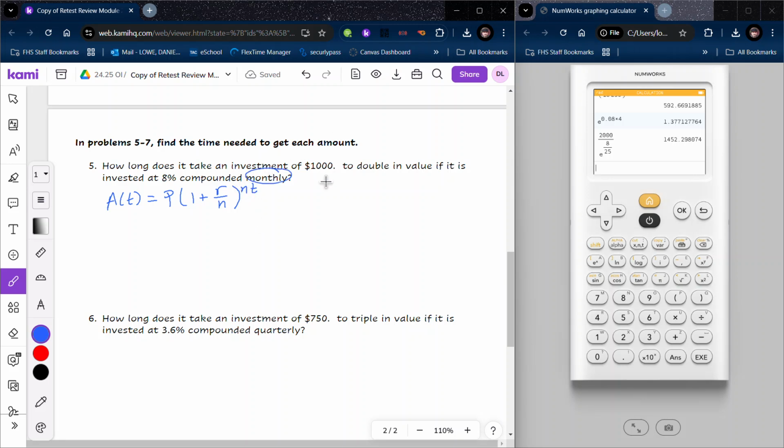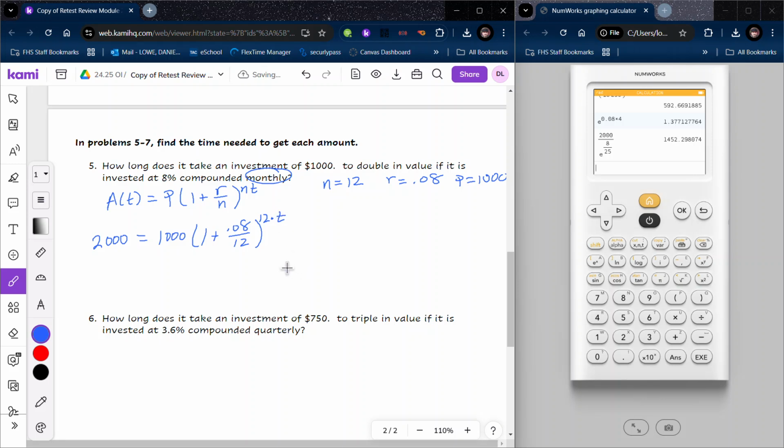If I'm monthly compounding, n is equal to 12, r is equal to 0.08, P is equal to 1,000, that initial amount. So I want to know how long it takes to double in value. So $2,000 needs to equal 1,000 times (1 plus 0.08 divided by 12) raised to the 12 times t power.